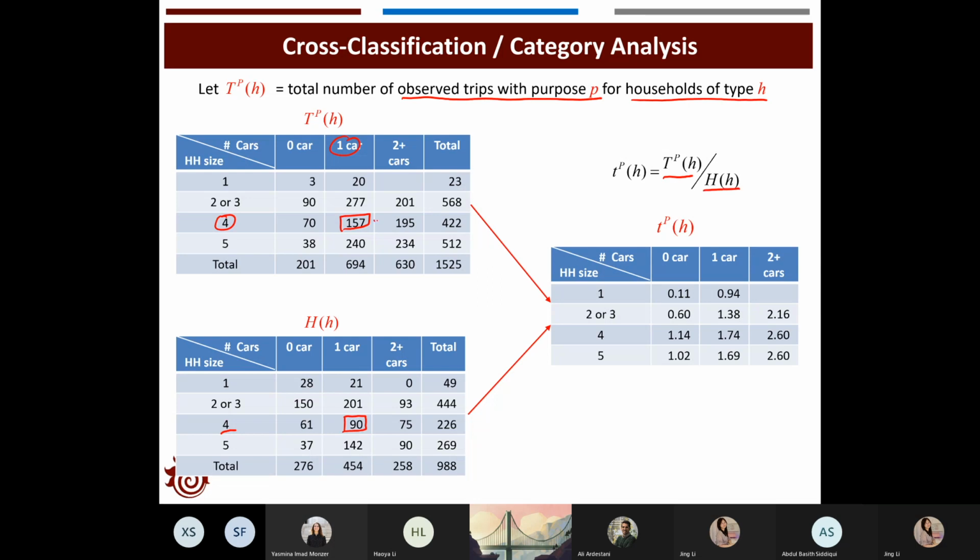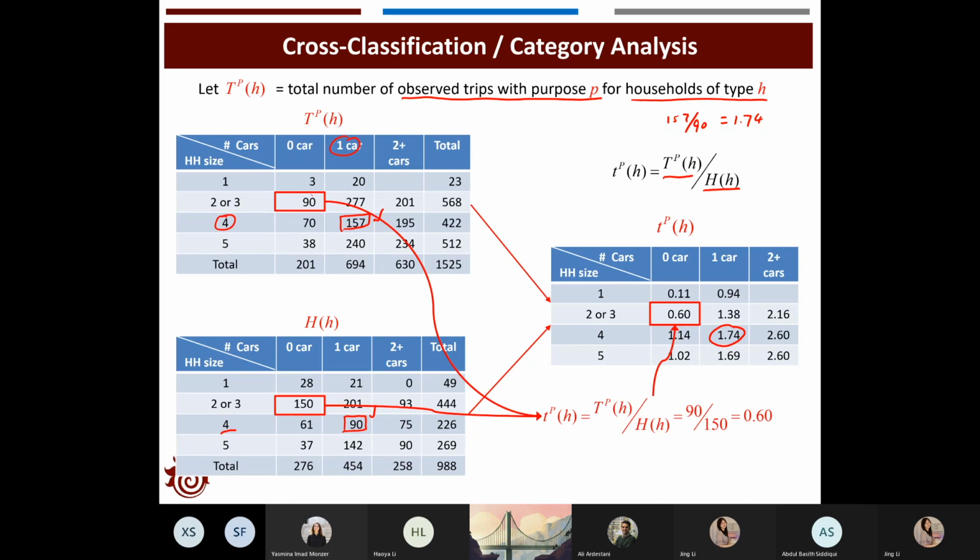So for this specific cell, we have the trips as 157 and the household number as 90. So we get the value as 1.74, which would be this value. Similarly, you can find the other values.